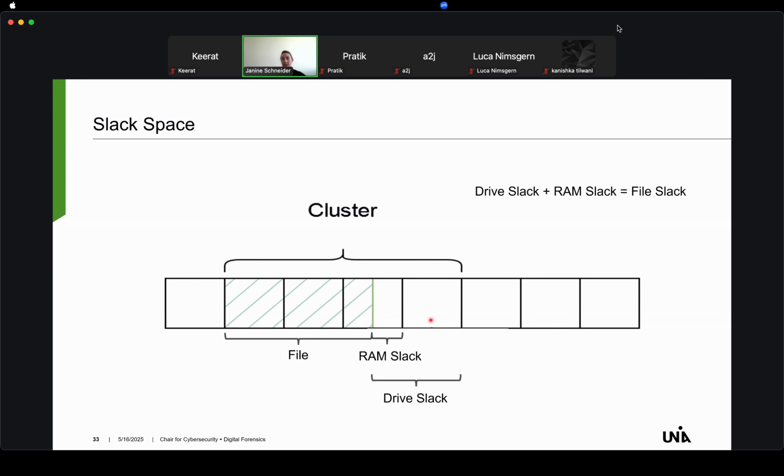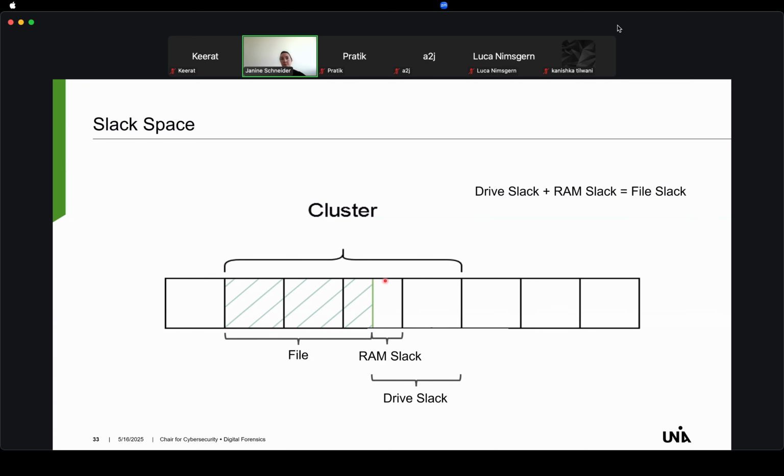This is the Slack Space, and there are several kinds of Slack Space. We have the so-called RAM Slack, which is the leftover part of the last sector of the file. We have Drive Slack, which is the leftover part of the cluster. And Drive Slack plus RAM Slack is File Slack.